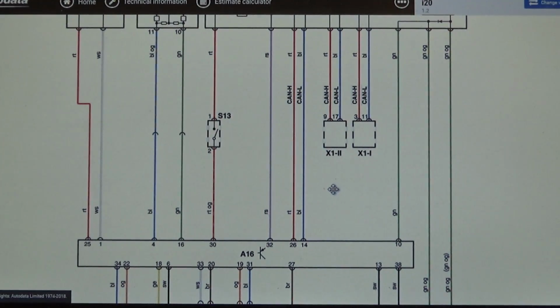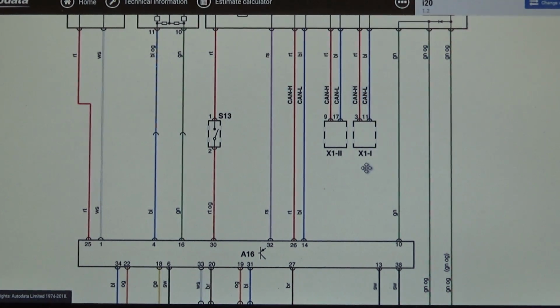And what you can see is all the CAN wires. CAN low is on the blue, CAN high is on the red wire, and all the CAN wires, this twisted pair, that twisted pair, they're all the same colours. So normally on a CAN network, all the CAN high will be one colour, all the CAN low will be another colour, and it's normally the same right the way through each CAN network.